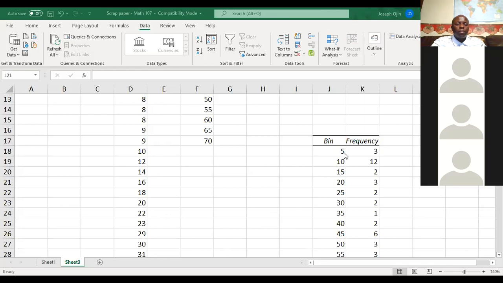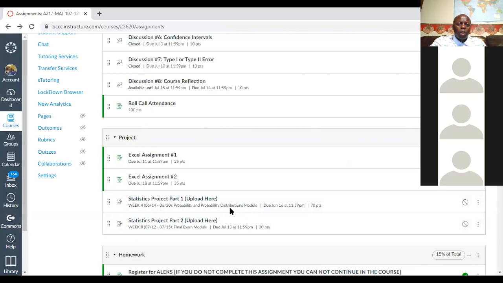So I did this assignment yesterday because when I went in and I clicked on Excel assignment 1, this was the assignment that was there. And I noticed this Excel assignment 2, but that was the assignment when I clicked on the link. So I did this assignment yesterday. Let me see what you mean by that. Excel assignment 1 is this one, right?